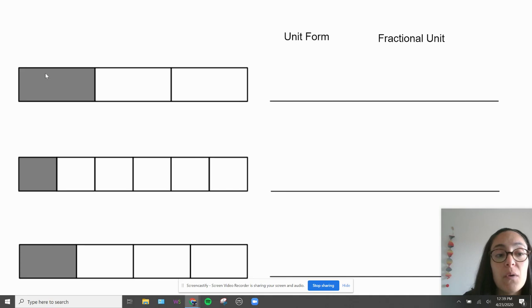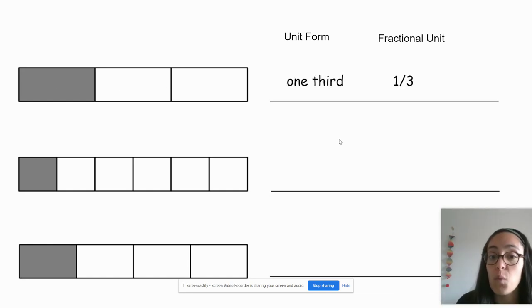Now, I know that there are 3 parts, so my denominator must be thirds. Then I have 1 part that is shaded in. So I have my numerator, which is my shaded part of 1, out of 3 total parts. So my unit form would be 1/3, and my fractional unit would be written like this.